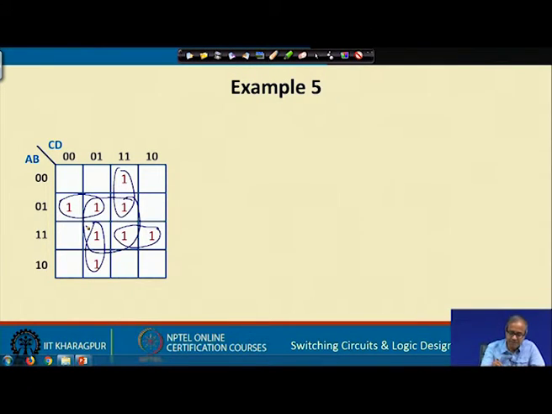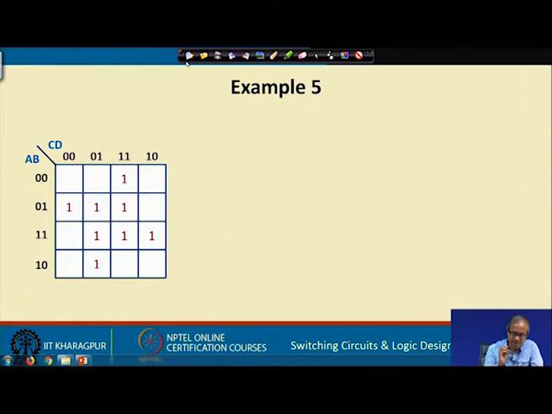Let me again go back. Our first premise or assumption was that we try to make the cube as large as possible. The second thing I mentioned, that if I find that a cube is covering some cells which are already covered by some other cubes, then I can drop or delete this cube, I do not need this.